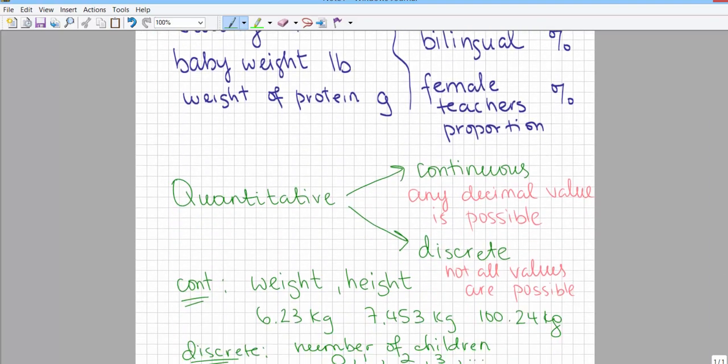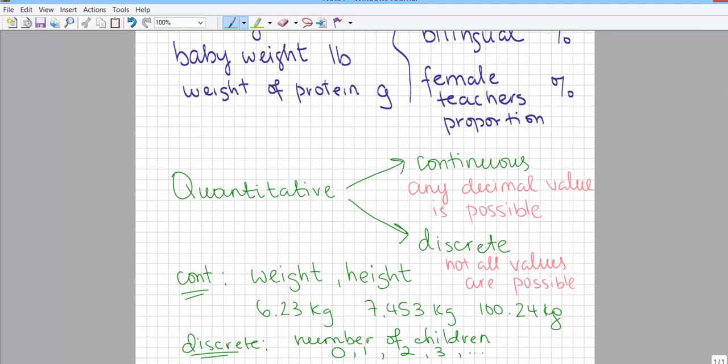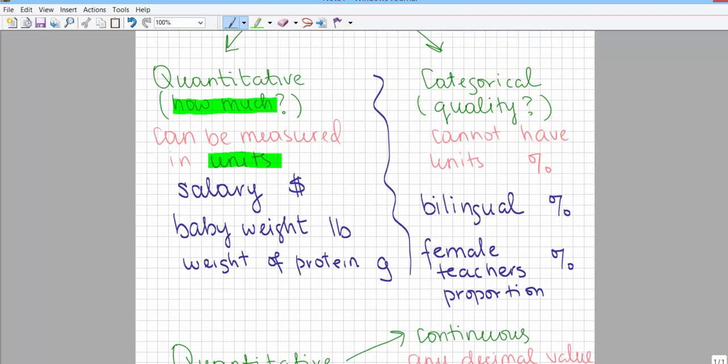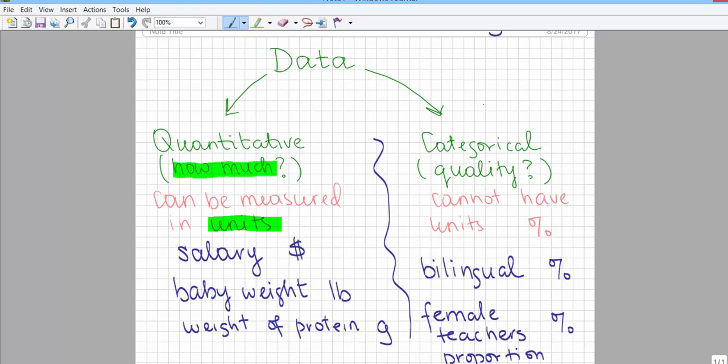Quantitative can also be split up into continuous and discrete, and then categorical can also be split up into nominal and ordinal. Ordinal is when you can put it in some sort of natural order.